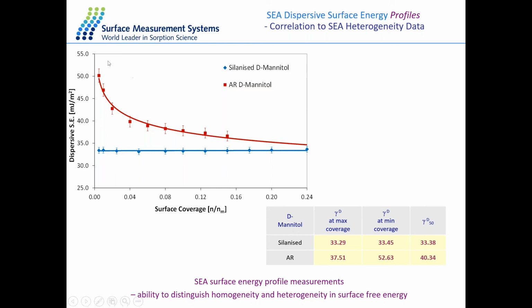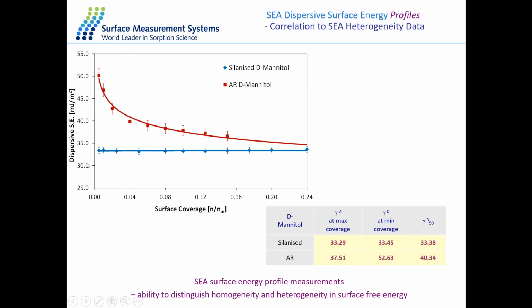What this is telling us is that for this D-mannitol, we have a few sites on the surface of the material which are high energy sites, and the probe molecules can interact with these high energy sites, and as a result lead to high dispersive surface energy.